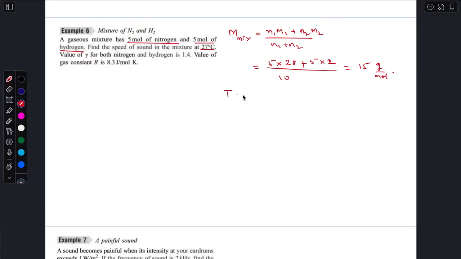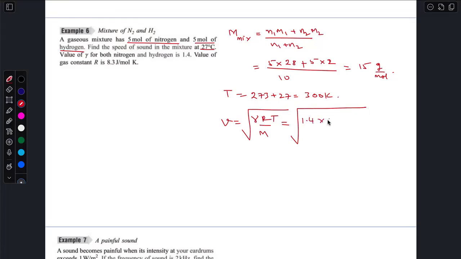Right. Temperature is 273 plus 27, which is nothing but 300 Kelvin. Right. What is the expression? V is root gamma RT by M. Root 1.4 times 8.3 times temperature 300 by M. One mistake that you will do here is forgetting 10 power minus 3, because that is in gram per mole.